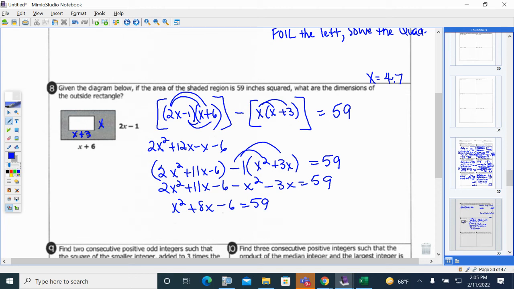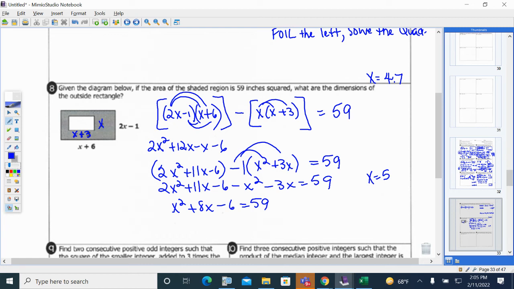you're going to pick what method you want to use to solve this quadratic, whether it be factoring, quadratic formula, or completing the square. It does say what are the dimensions of the outside rectangle. So once you find x, which I can tell you that x is going to equal 5 in your final answers, you're going to substitute that back in for the dimensions of the outside rectangle.